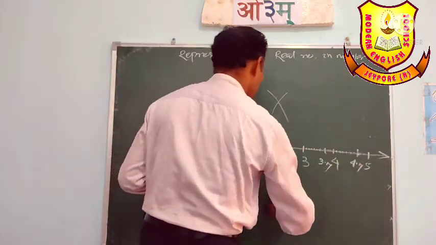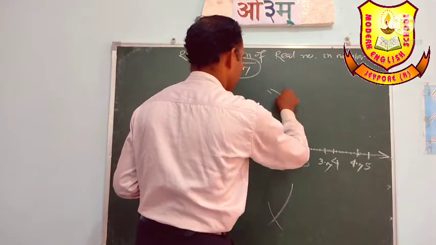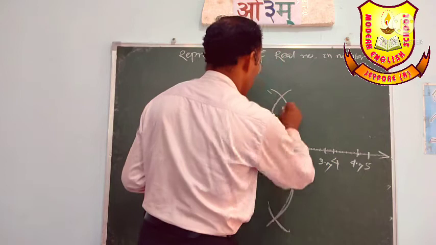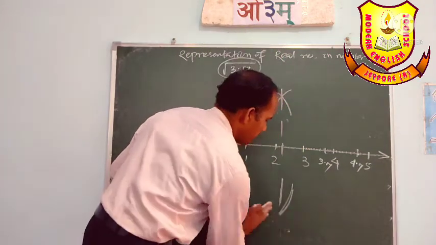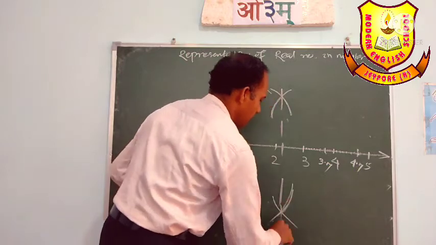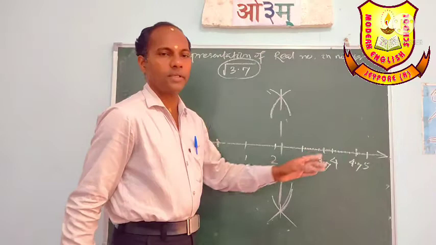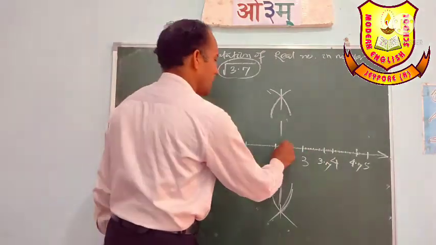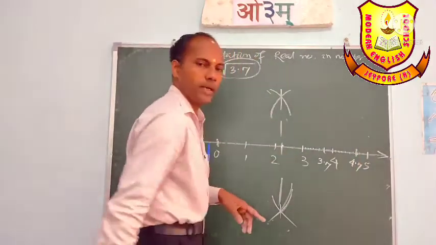It will come in between 2 and 3, more than 2. 4.7 will be divided into two equal parts, and here you have divided 0 to 4.7.